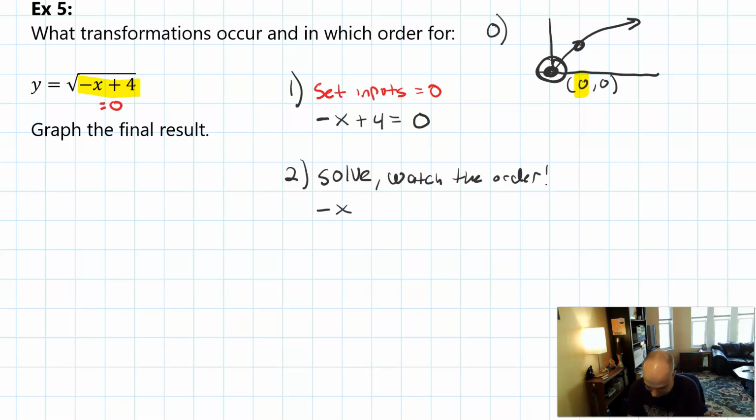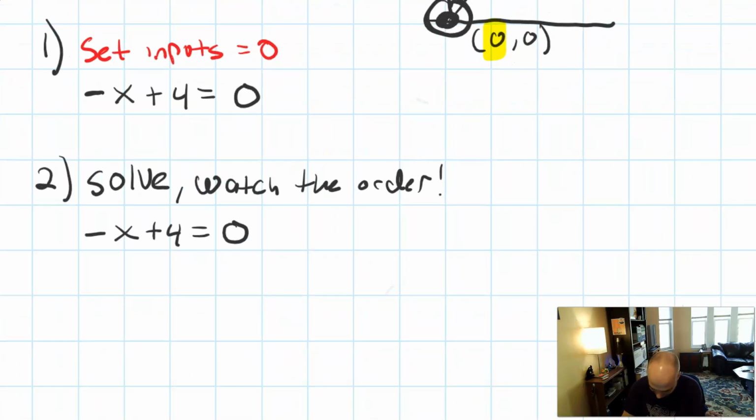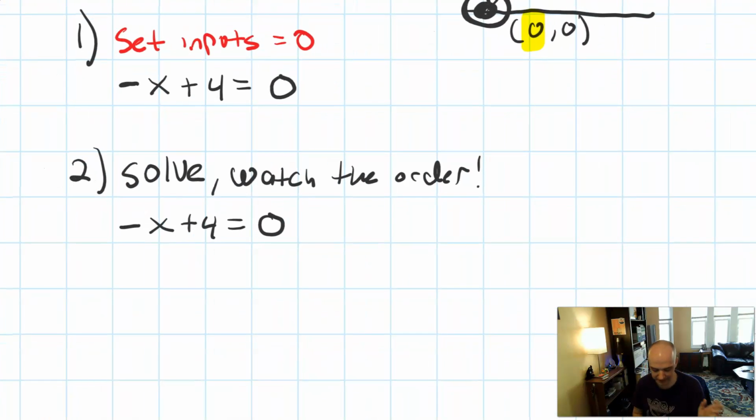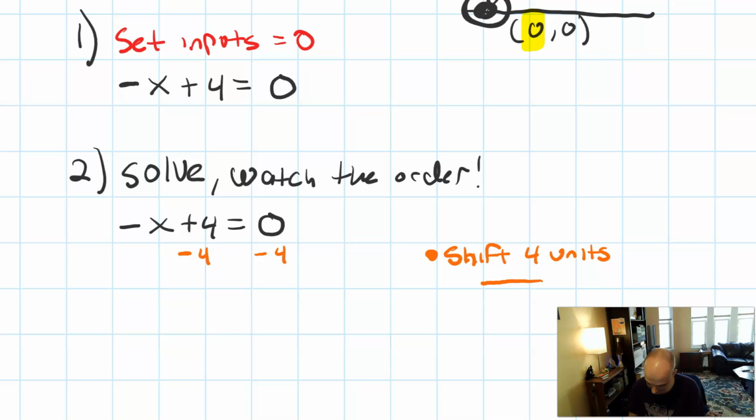Negative x plus 4 equals 0. Let's zoom in. My first thing to do is going to be subtracting 4 from both sides. And that subtracting 4 is going to correspond with a shift 4 units to the left.